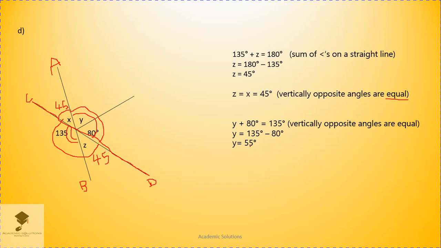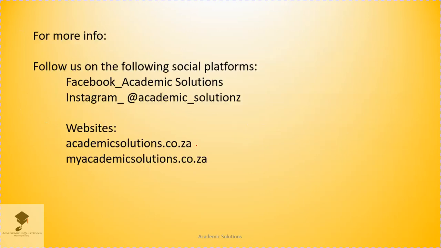Now if you want to prove that this is correct, take 55, which is y, 55 plus 45, that is 100, then plus 80, that is 180. Those are the angles on line CD, which makes 180 degrees.